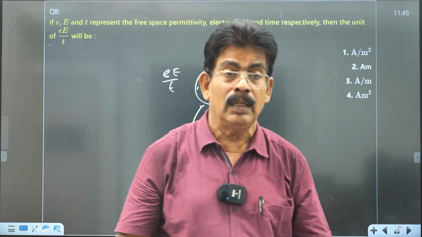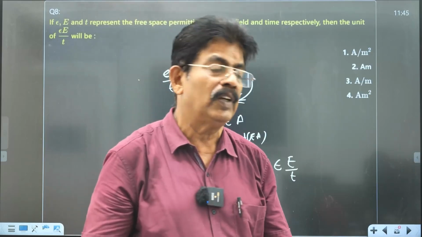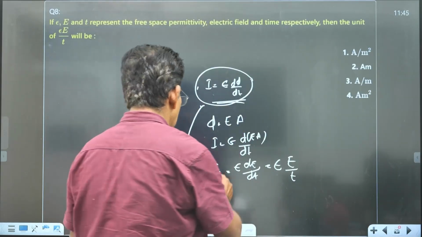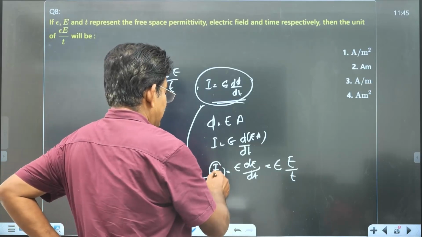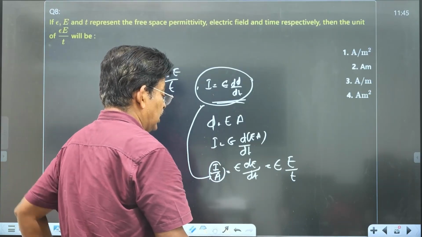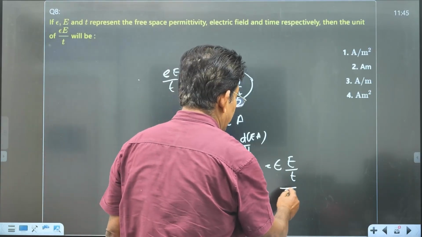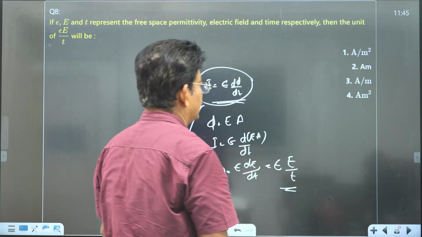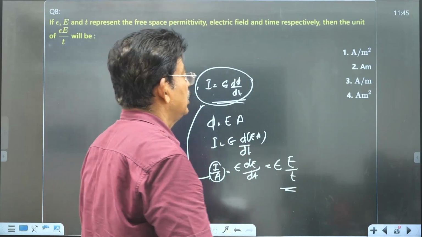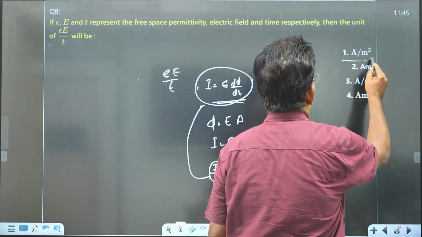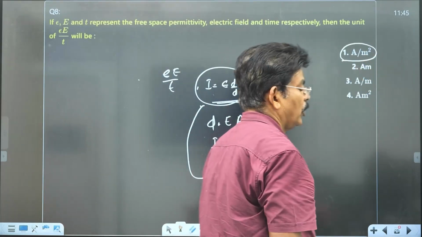Not mathematically, but unit wise or dimension wise. And what we got here is I by A, which is current density. On your right hand side, epsilon into dE by dt is equal to current by area, current density. So automatically the unit will be ampere per meter squared.